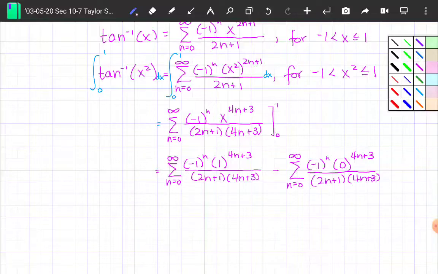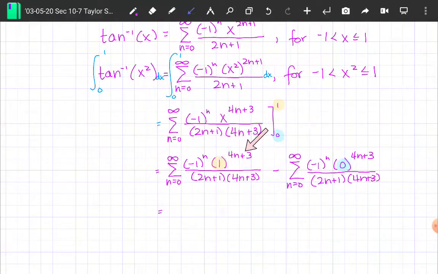So I just plugged in the upper limit into x, and the lower limit into x. And then we can do a little simplifying here. This first one, 1 to any power is going to be 1.